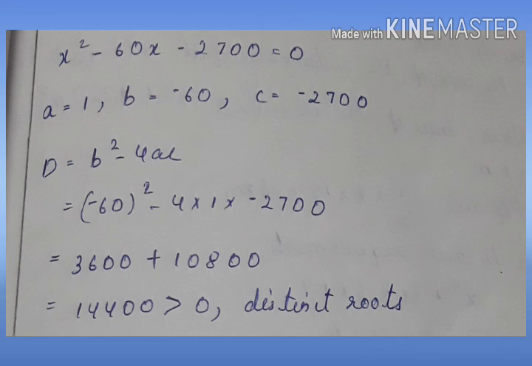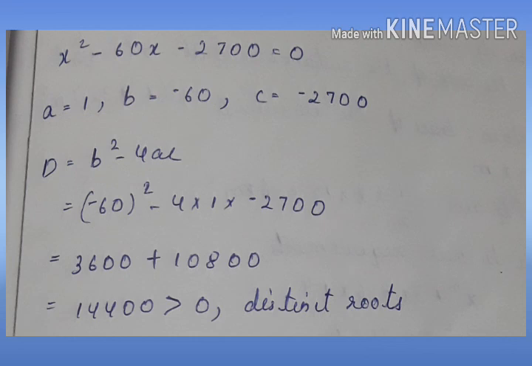Then first we should find the value of the discriminant. That is D equals B square minus 4AC. So B square means what? Negative 60 square minus 4 into 1 into negative 2700. Negative 60 square will be positive 3600.